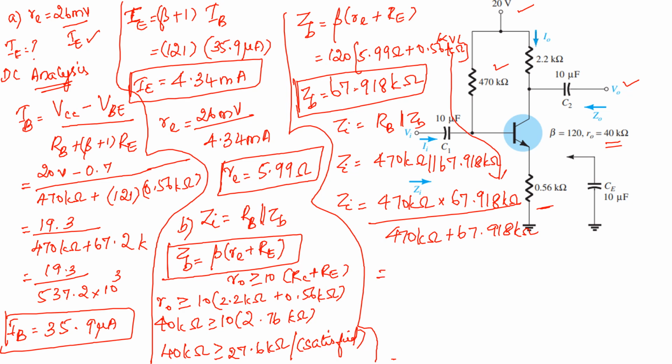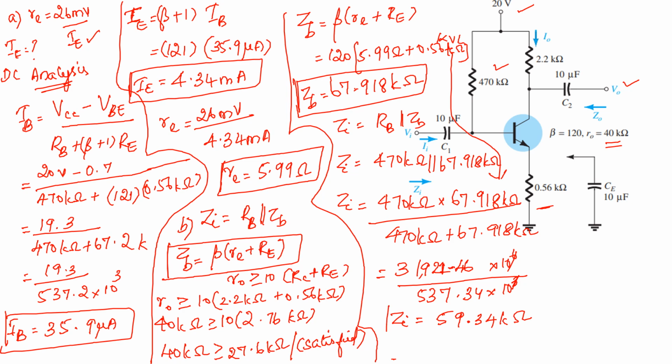You will be getting 31,921.46 into 10 raised to 6 divided by 537.34 into 10 raised to 3. So this will get cancelled, and you will be getting Zi equal to 59.34 into 10 raised to 3, so it will be kilo. So Zi is equal to 59.34 kilo ohm. You have got the answer.